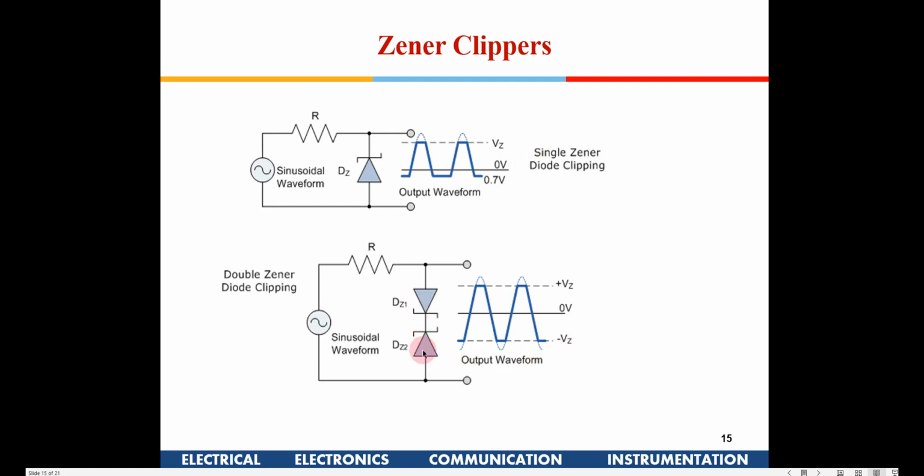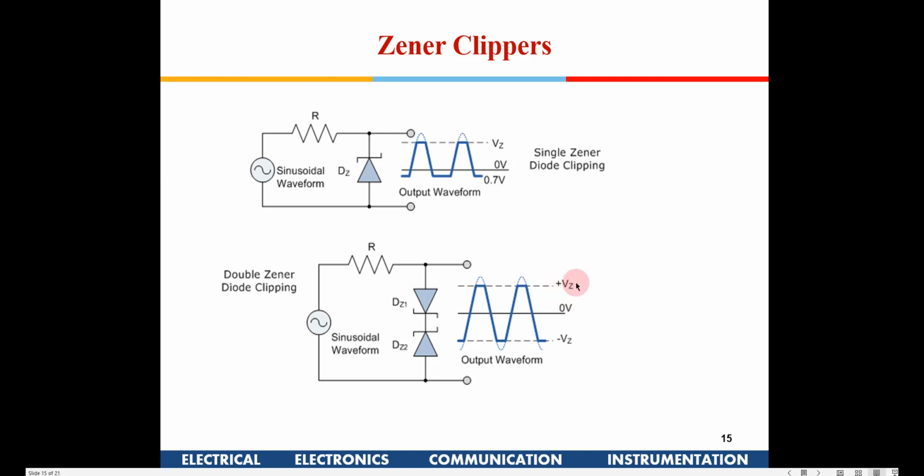Similarly, if you have two Zeners connected back to back like this, during the positive cycle this Zener will get triggered, so it is Vz, and in the negative cycle the bottom Zener will get triggered. If I have to be more accurate, in the positive cycle DZ2 will get triggered, but there will be a 0.7 drop across the other Zener also.